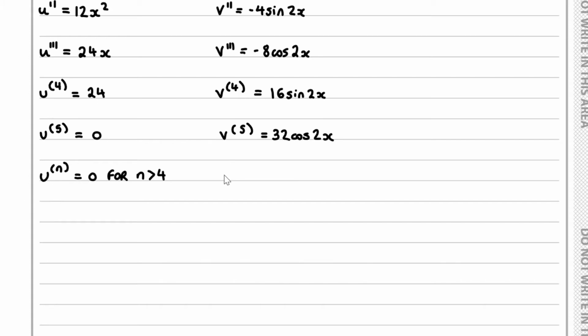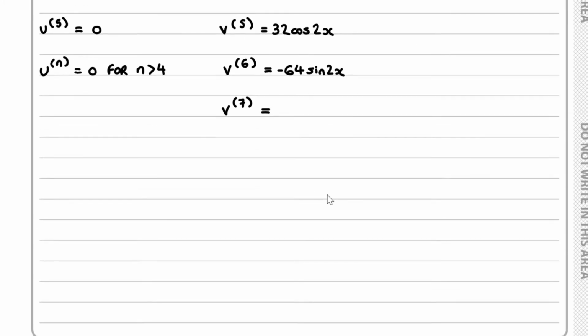If we continue with v and its derivatives, the sixth derivative of v is equal to minus 64 times the sine of 2x. The seventh derivative of v is equal to minus 128 times the cosine of 2x.